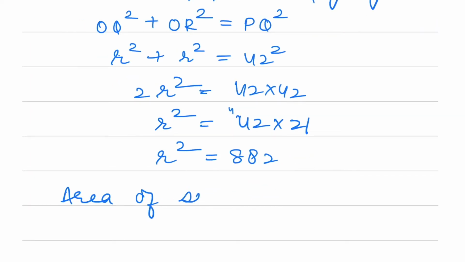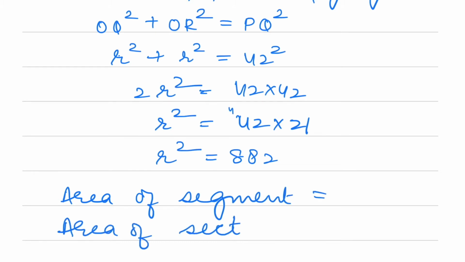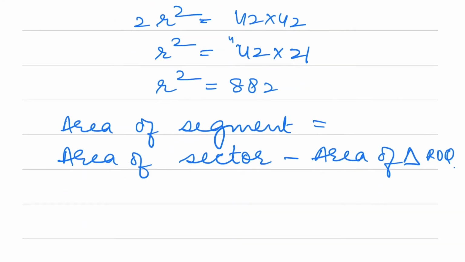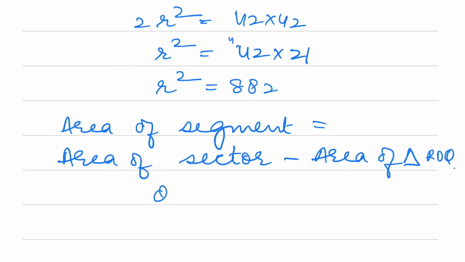Area of segment here is equal to area of sector minus area of triangle ROQ, I can say. Then we have the area of the sector formula, theta by 360 into pi r square, minus half into base into height.